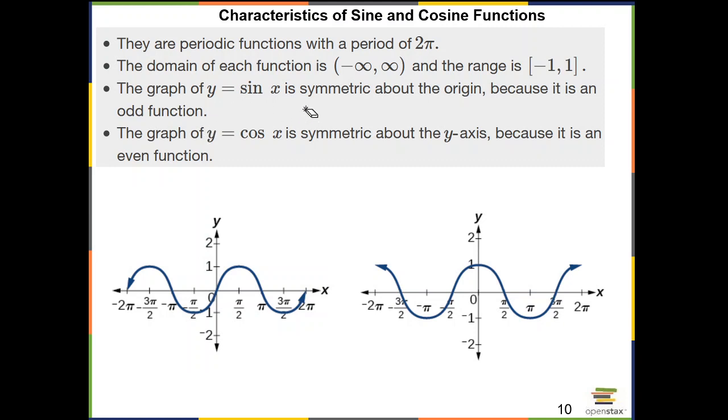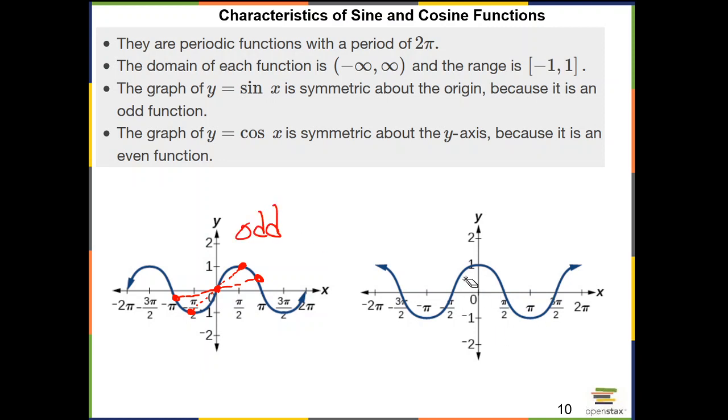The graph for sine is symmetric about the origin. Every point has a friend on the other side of the origin, the same distance away. So the sine function is an odd function.